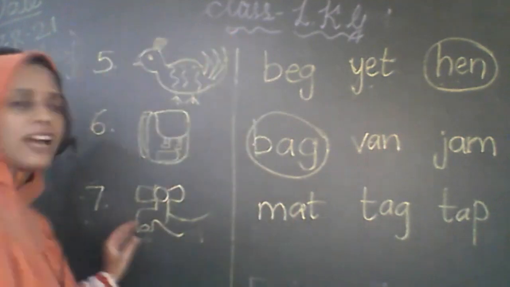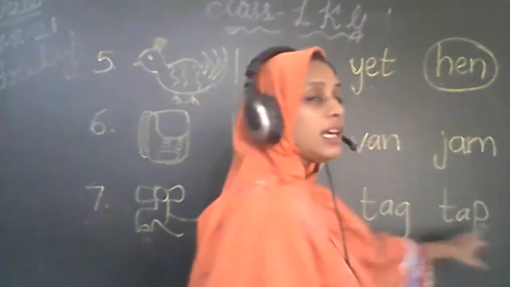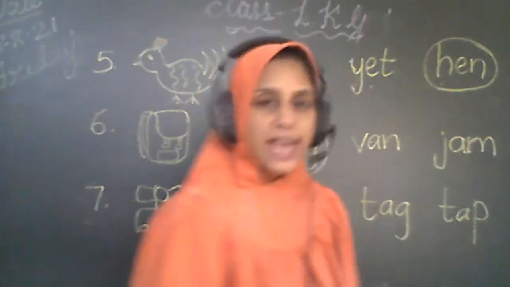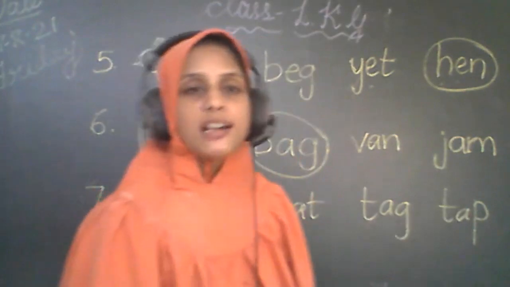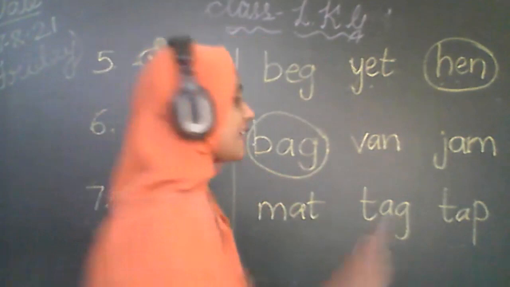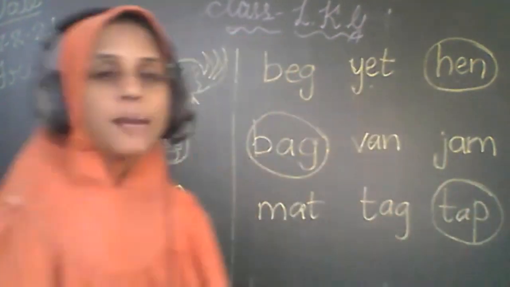So this is not tag, this is tap. So move further. T-A-P. T says T, A says A, and P says P. So T, A, P, tap. Yes, so this is the correct word for the picture. Tap and circle it.